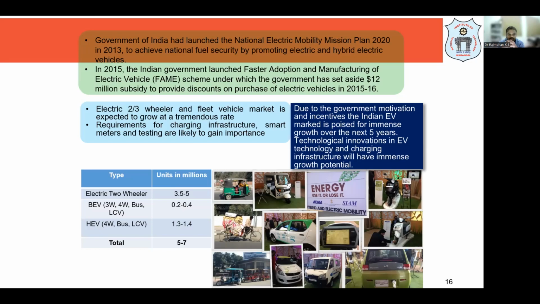In millions, the government wants 3.5 to 5 million electric two-wheelers, 0.2 to 0.4 million three-wheelers, and light duty and heavy duty electric vehicles like four-wheelers and buses, 1.3 to 1.4 million units on road. So totally we want 5 to 7 million units of such e-vehicles on the road, and that's why the government is providing subsidies for relevant products.